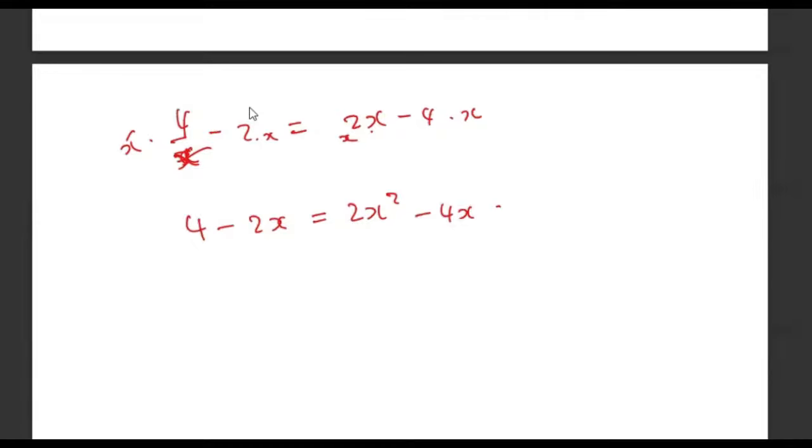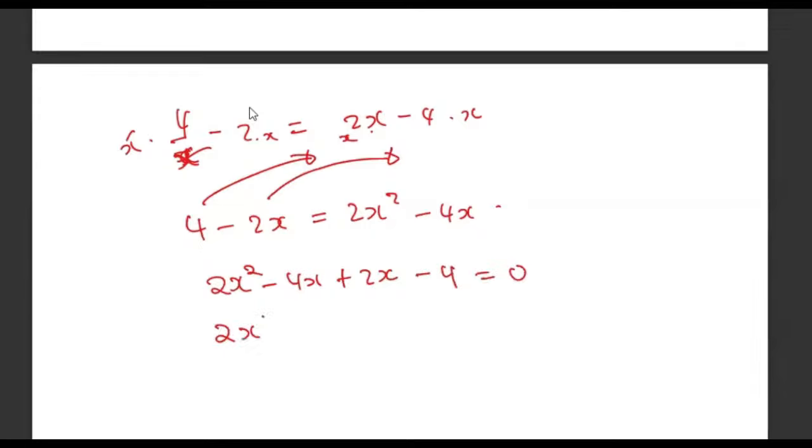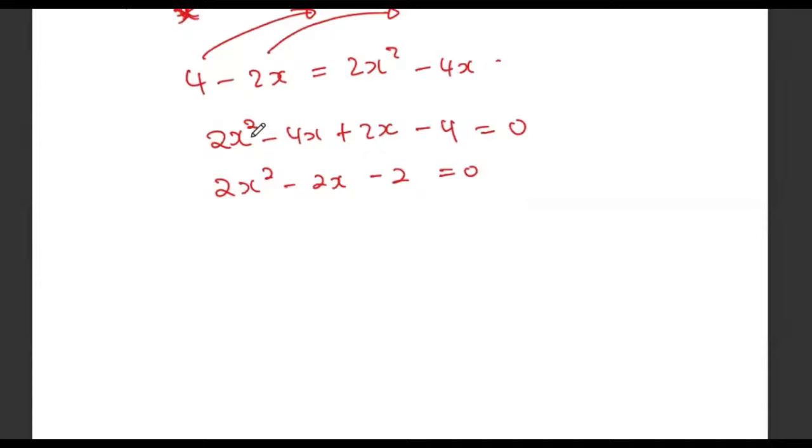Then let's create a quadratic in standard form. Actually, let me move everything to one side. So it's 2x squared minus 4x plus 2x, and when the 4 crosses, minus 4, is equal to 0. So it's 2x squared minus 2x minus 4 equals 0. We can divide through by 2, meaning we have x squared minus x minus 2 equals 0.